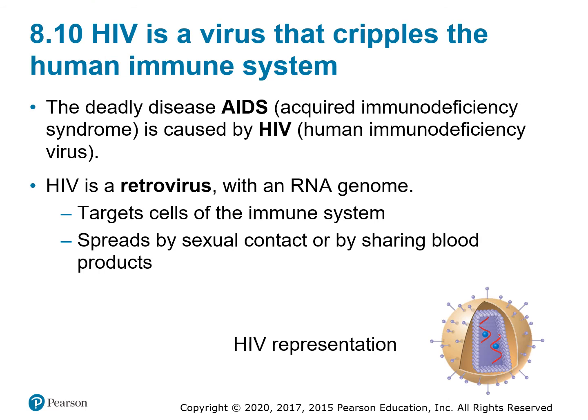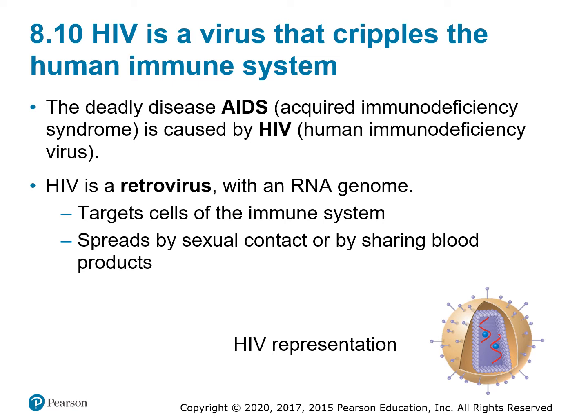And you probably know that HIV is a virus that basically destroys the human immune system, and with that results in the disease AIDS, which is acquired immunodeficiency syndrome. HIV is what's known as a retrovirus. It has an RNA genome, so the nucleic acid it has is RNA, not DNA.